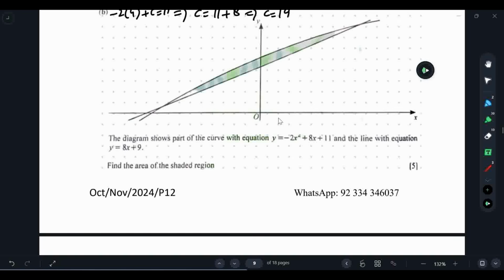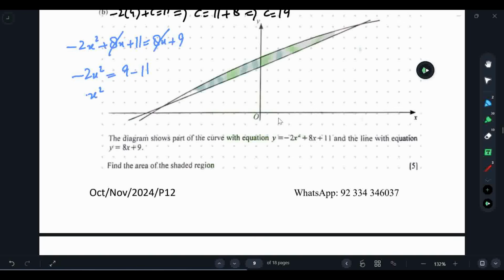So for the intersection point, we can equate these two equations. So minus 2x square plus 8x plus 11 is equal to 8x plus 9. So we can cancel out these two. So this will be minus 2x square is equal to 9 minus 11.